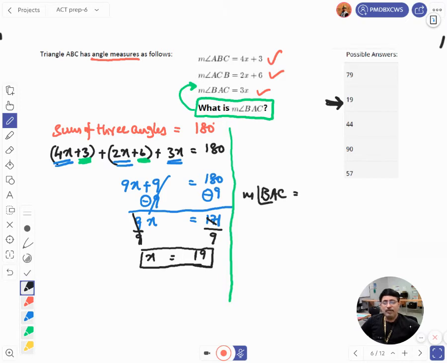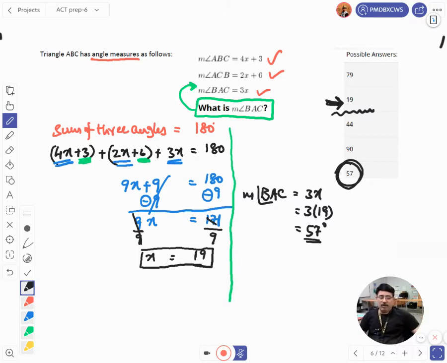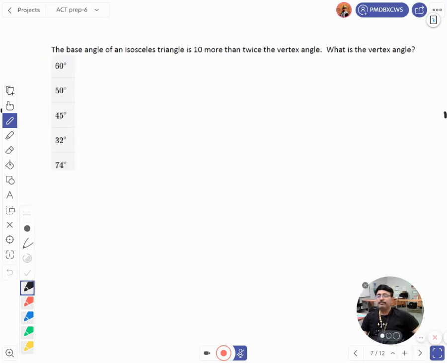BAC is given as 3x. Therefore, 3 times 19 gives us 57 degrees. So 57 is the correct answer, and 19 is the misleading answer. Okay, it's a simple question, so let's jump to the next one.